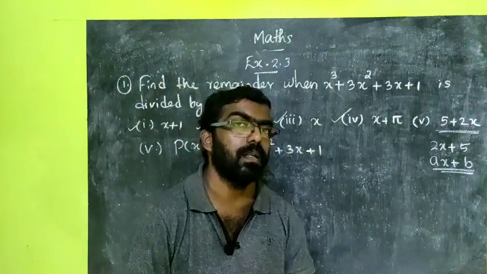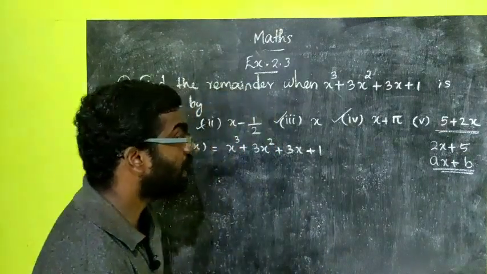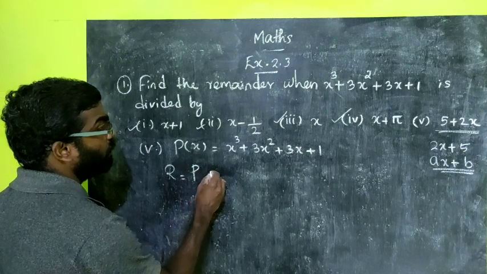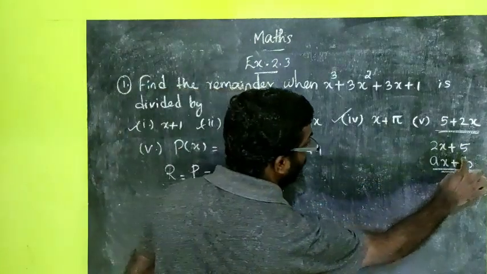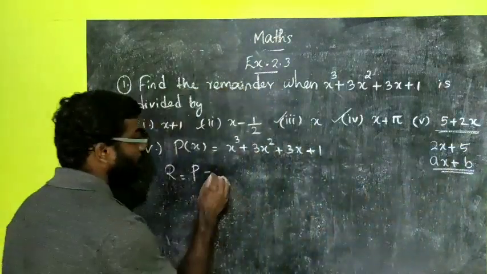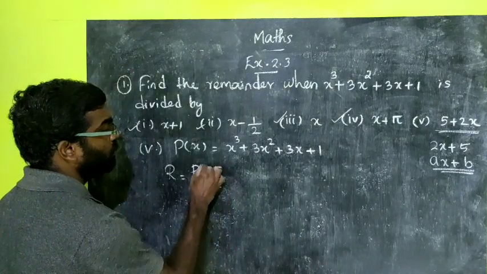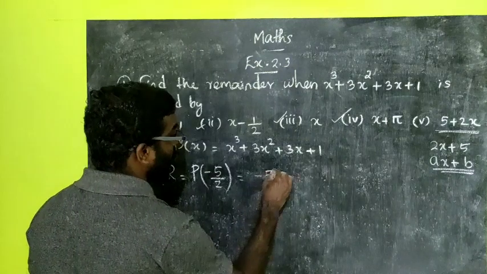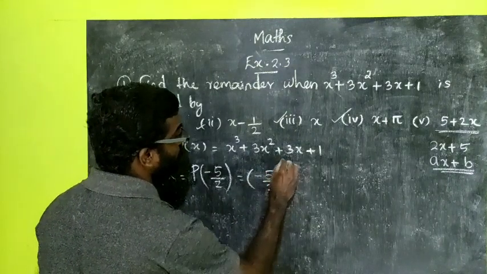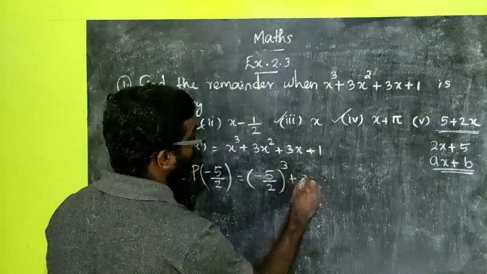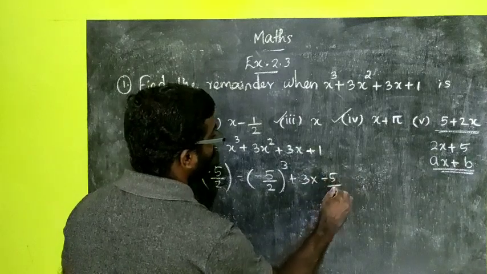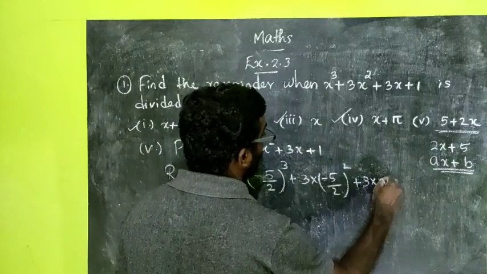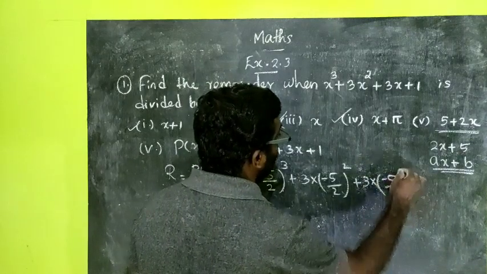Ax plus b, the remainder is p of minus b by a. So here the remainder is p of minus b by a, that is minus 5 by 2. Okay, that is minus 5 by 2 the whole cube plus 3 into minus 5 by 2 the whole square, then plus 3 into minus 5 by 2 plus 1.